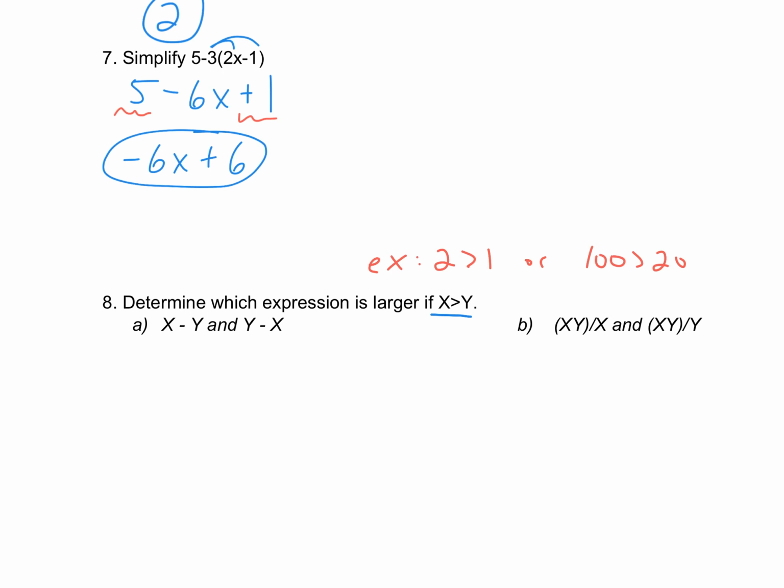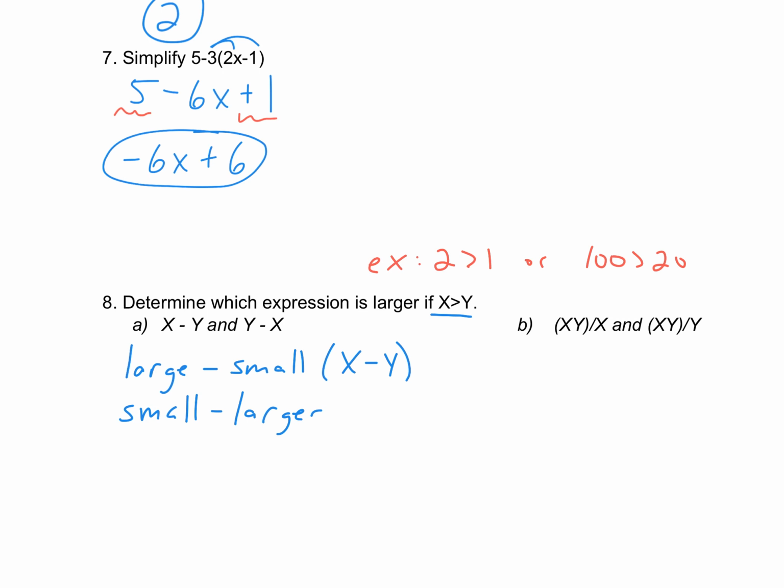x minus y and y minus x. Which one is larger? Well, if I take a large number minus a small number, that's x minus y, a large minus a small, and I'm going to compare it to a smaller number minus a larger number.